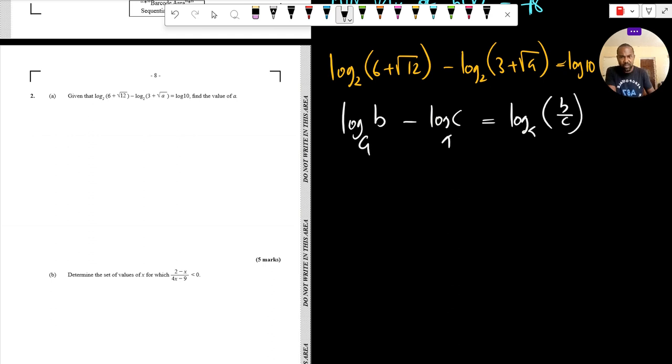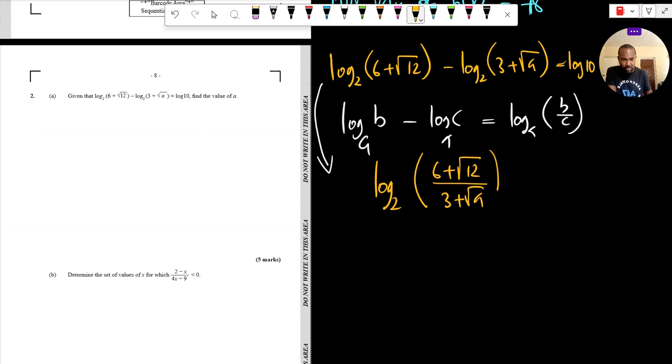So using that rule in mind, we can then write this as log to base 2 of 6 plus root 12 over 3 plus root a, and this of course will be equal to log 10, right?